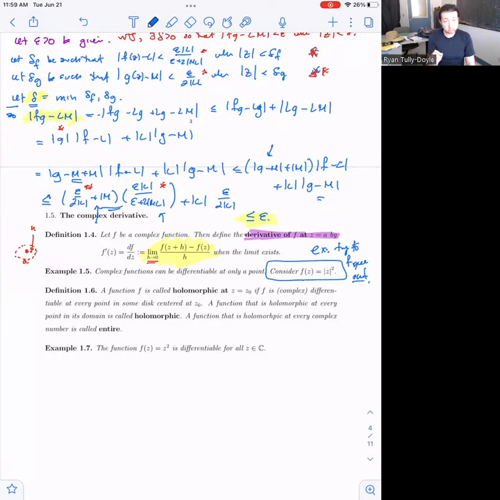So I'm going to introduce a much stronger condition, which is eliminating places where functions just have single point good behavior and forcing them to have behavior on some small set, some small open set, which is a very, very strong thing to ask, it turns out. So we call a function holomorphic at a point if f is complex differentiable not just at a single point, but at every point in some disk centered at z0.